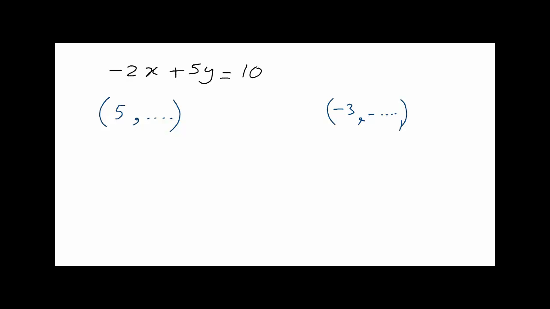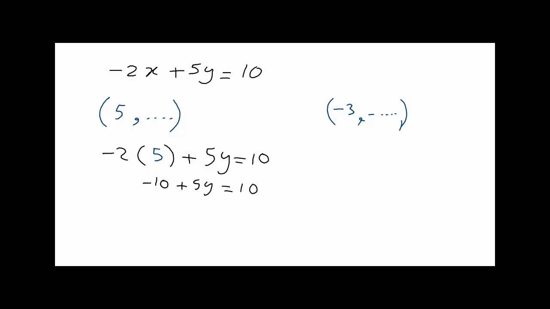Substituting in the equation, negative 2 times 5 plus 5y equals 10, so we have negative 10 plus 5y equals 10.